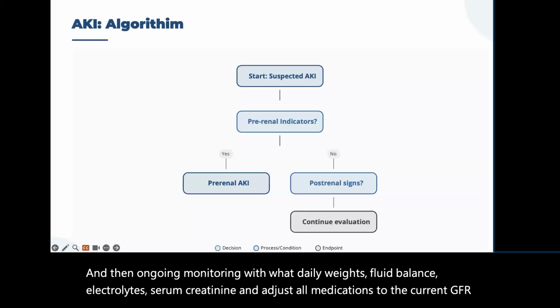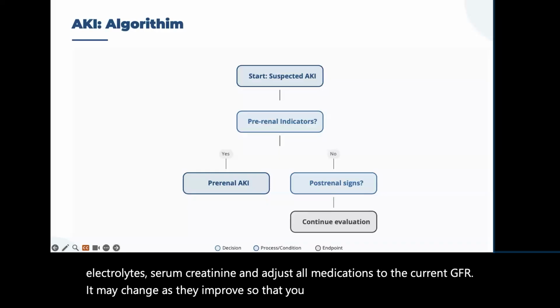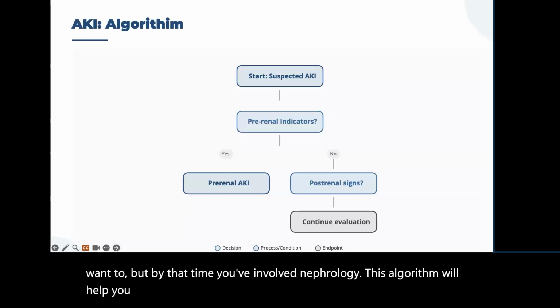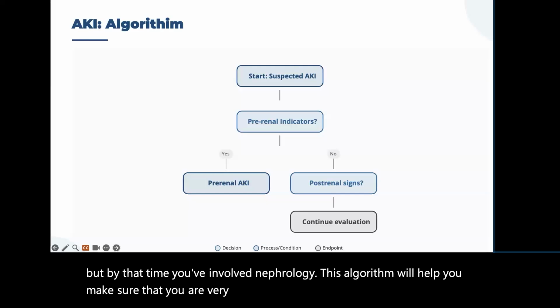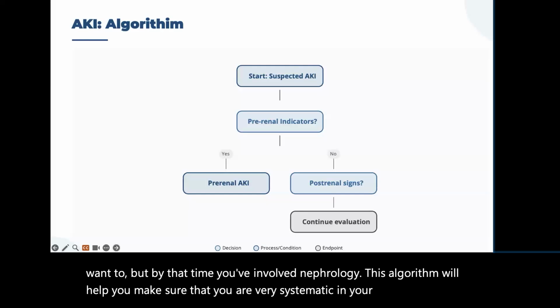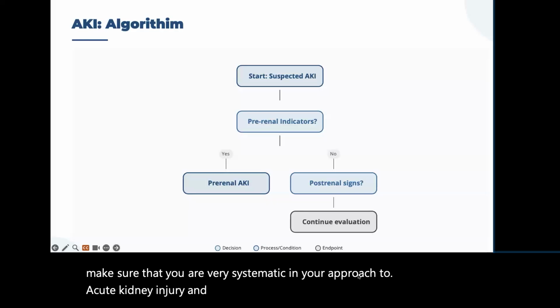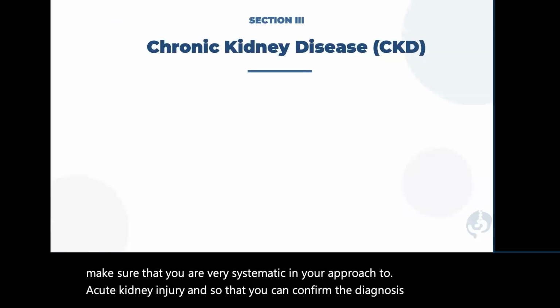It may change as they improve, so then you can up the dose if you want to, but by that time you've involved nephrology. This algorithm will help you make sure that you are very systematic in your approach to acute kidney injury, so that you can confirm the diagnosis and prevent the progression.